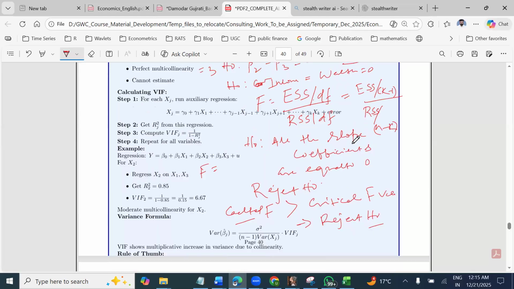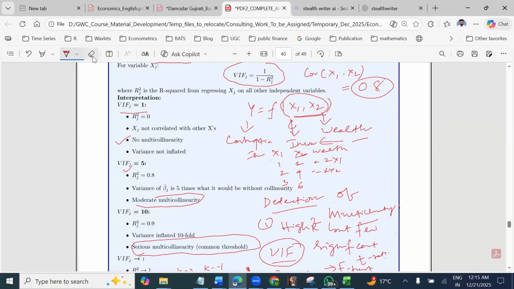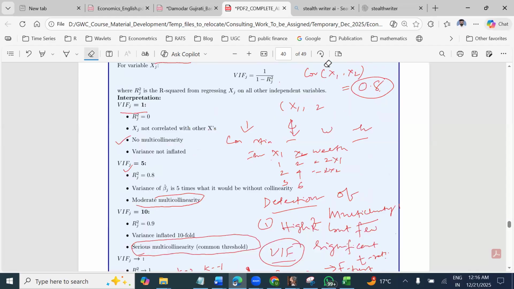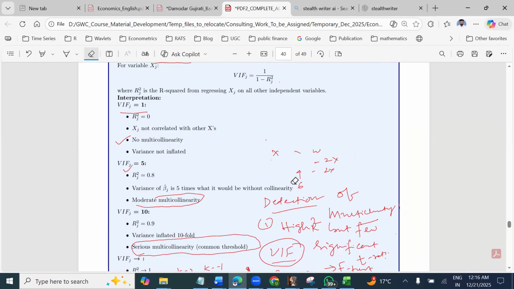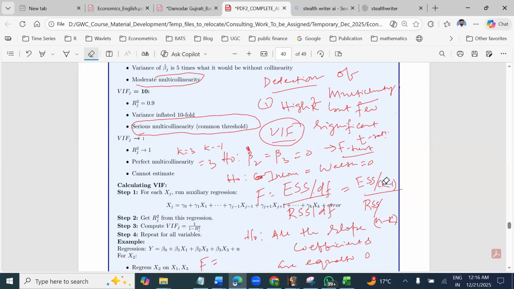Sangeeta, is it clear? Or is there any doubt? But sir, in the RSS also we have n minus k minus 1. No. First of all, I am focusing on the F test. In the F test, I am focusing on the denominator and the numerator. Is it clear? So what are you saying? N minus k minus 1.